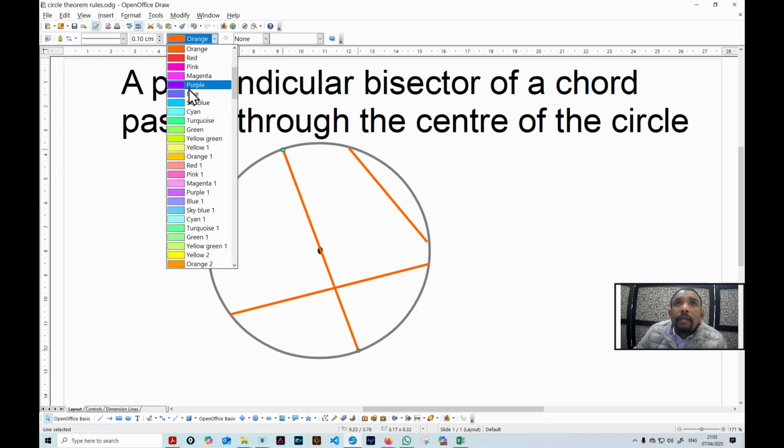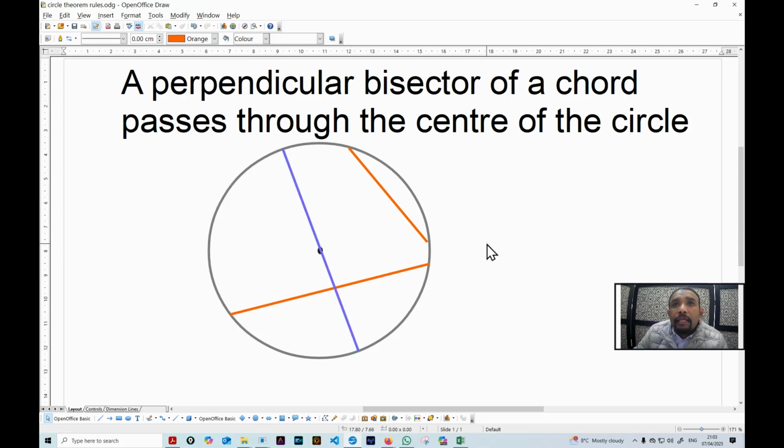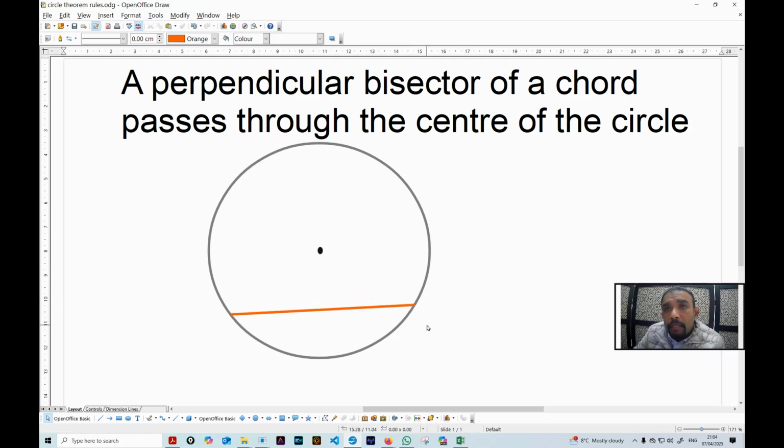When the chord goes through the center of the circle, it's called the diameter. When it goes away from the center, it's called a chord. So, rule number 3 is very simple.